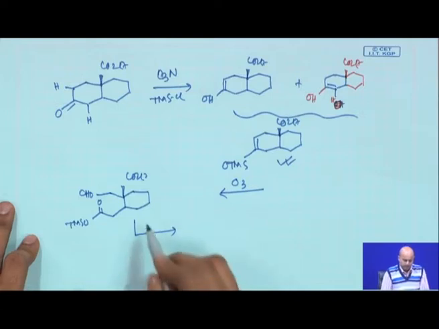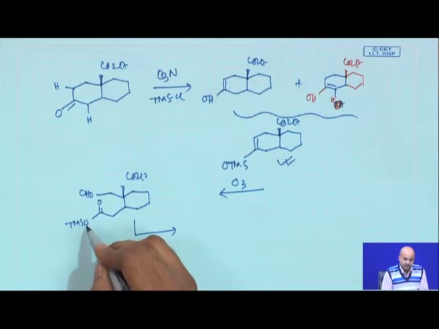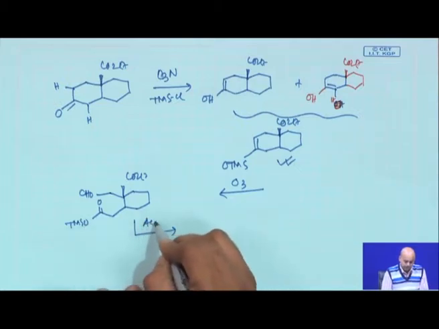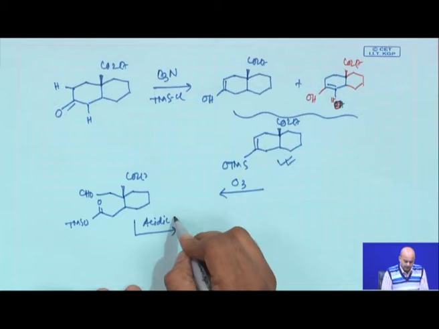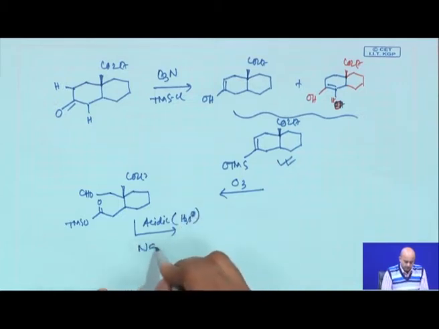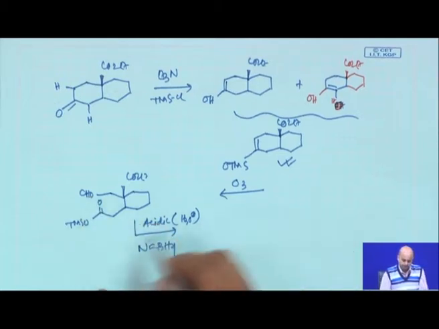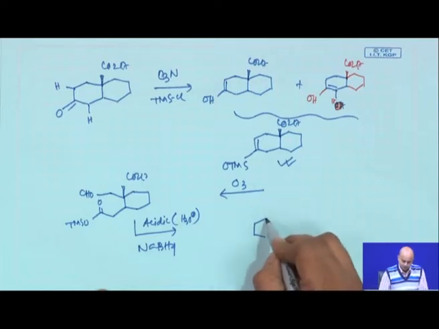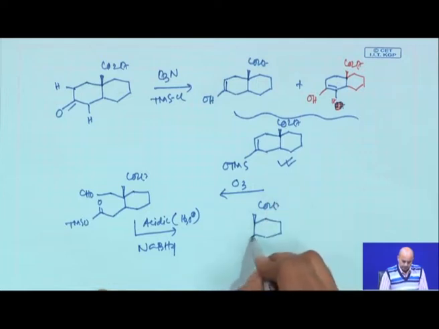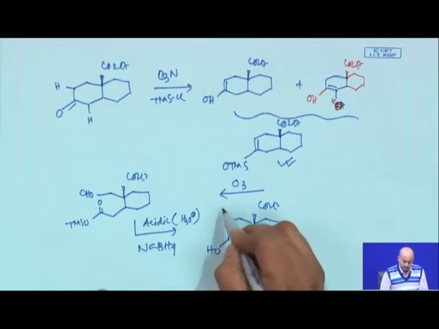Now, I am doing an acidic workup to get rid of this TMS ether, just by treating with H plus. In addition, we will also be using sodium borohydride to reduce this aldehyde. So, what will I now get? We will basically get this hydroxy acid kind of thing.